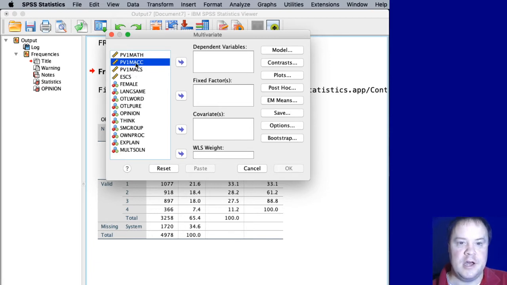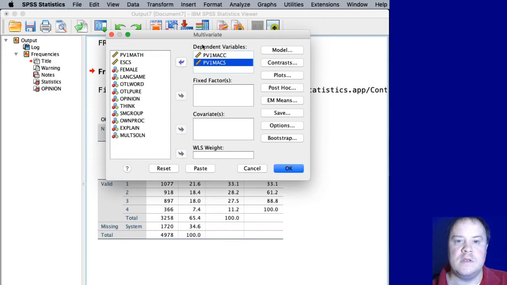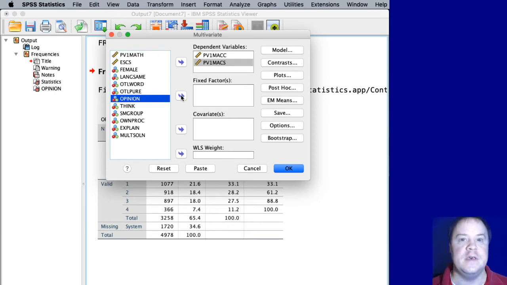MACC is change in relationships, and MACS is the space and shape variable. The fixed factor is going to be the opinion variable. So remember, this is coded as 1, 2, 3, 4. So if you remember from the last video, when we were using the country variable, things were coded as letters. And so we had to use the automatic recode to translate those into numbers. This time we don't have to do that because the opinion variable is already coded as numbers.